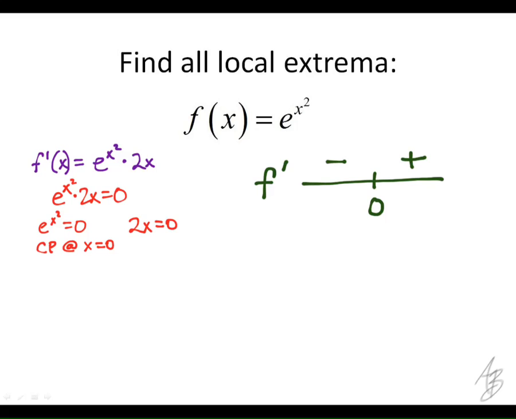So thinking about what's happening with the function here, when the derivative is negative, that means the function itself is decreasing. Yes? And when the derivative is positive, the function itself is increasing. And so at this critical point, when x equals 0, the function changes from decreasing to increasing, which means that at that point we have a local minimum.